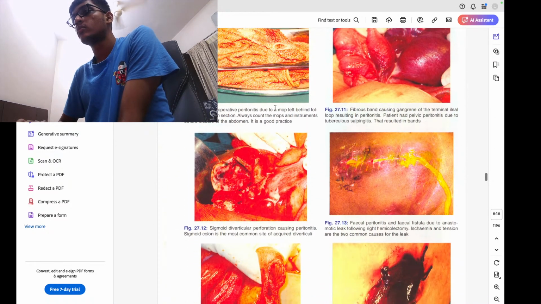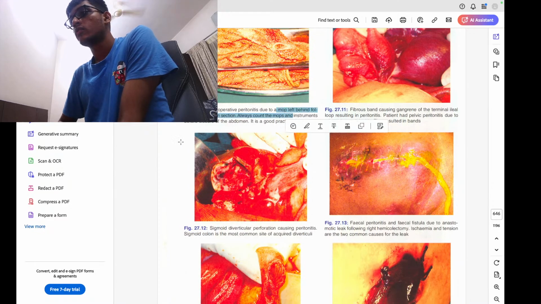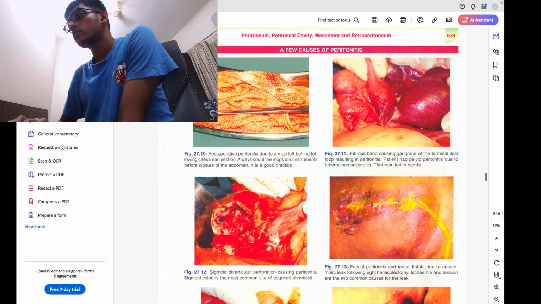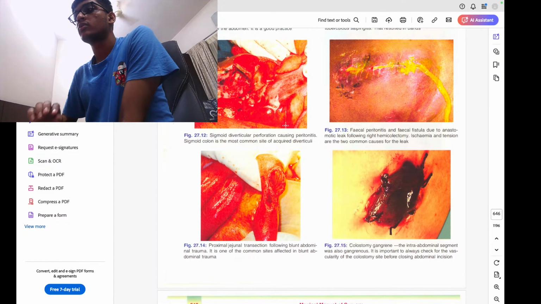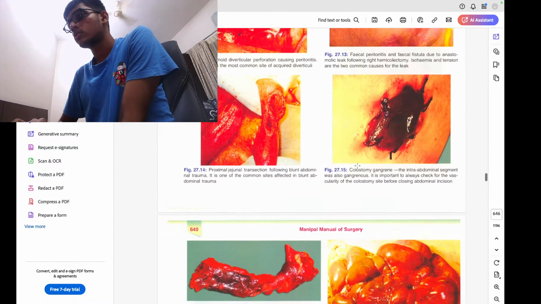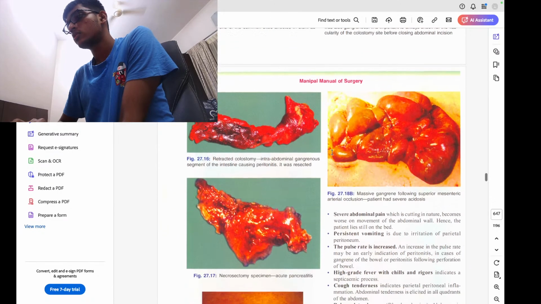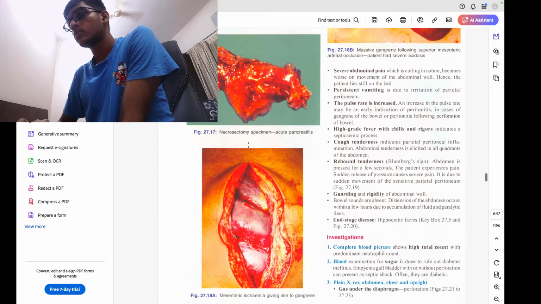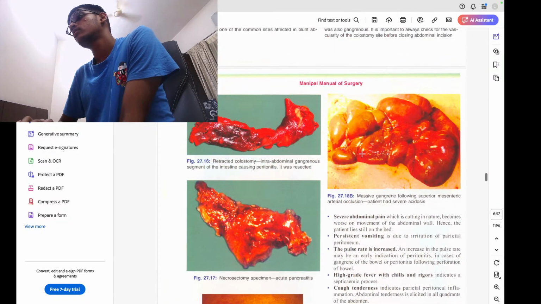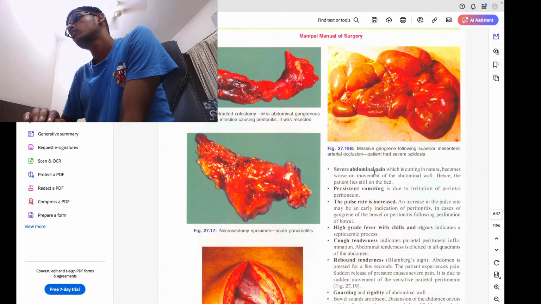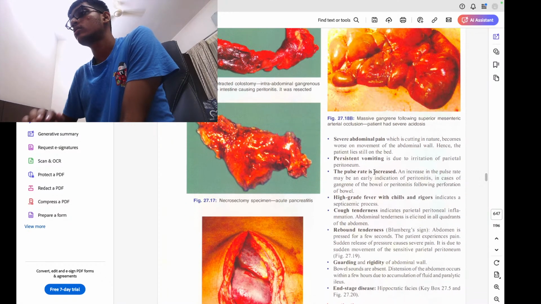Postoperative peritonitis due to a mop left behind following cesarean section, fibrous band causing gangrene of the bowel, and sigmoid diverticular perforation causing fecal peritonitis and fecal fistula, proximal jejunal transection, colostomy, resection specimen, acute pancreatitis, and mesenteric ischemia giving rise to gangrene. Finally, massive gangrene following superior mesenteric arterial occlusion.